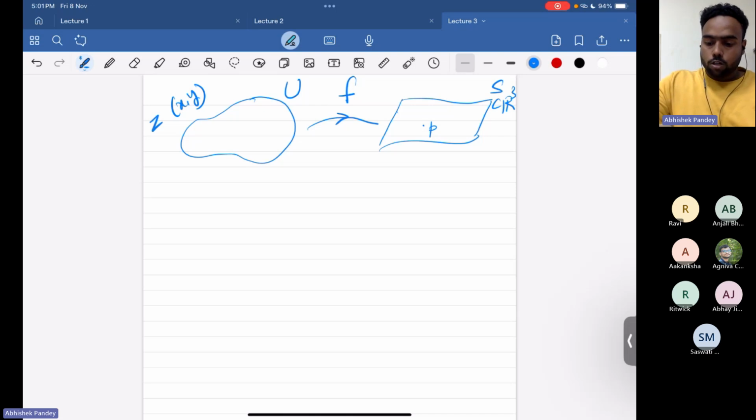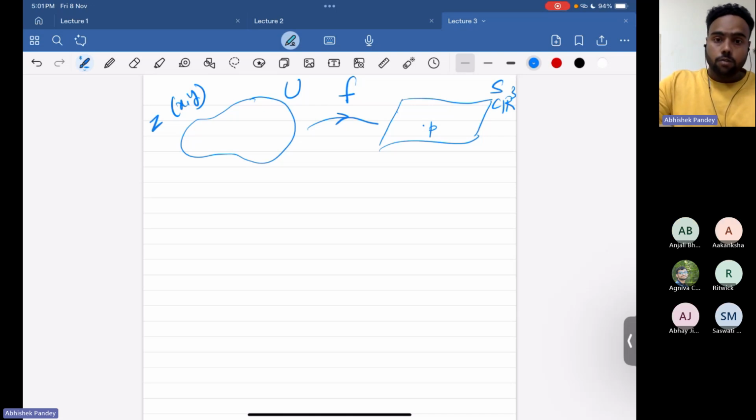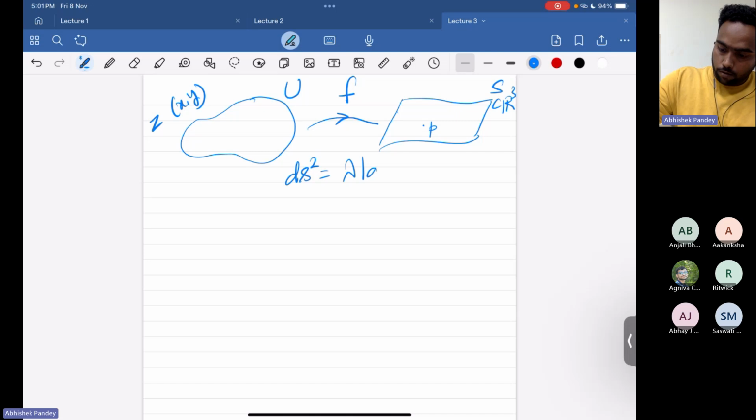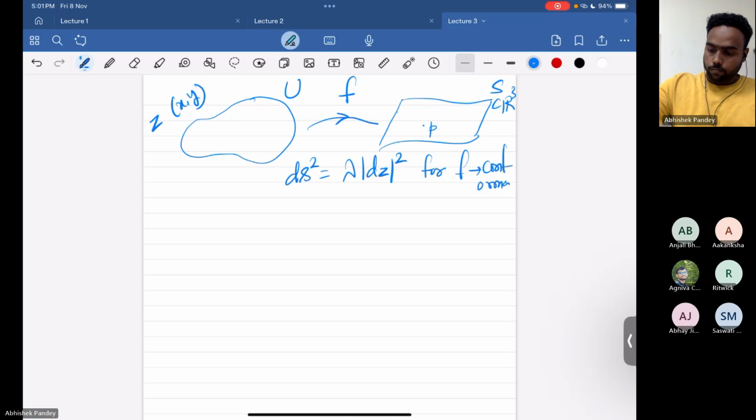Gauss proved that this f is conformal if we have this expression, ds square will be lambda mod dz square, for f conformal.